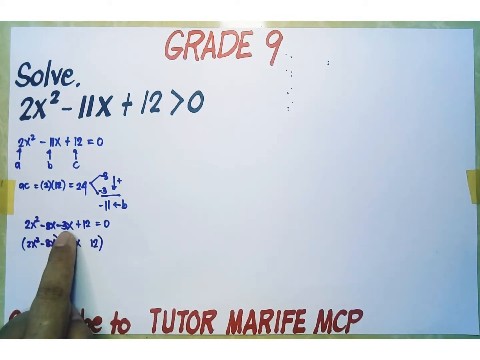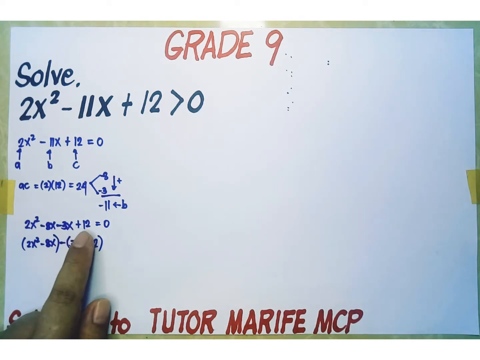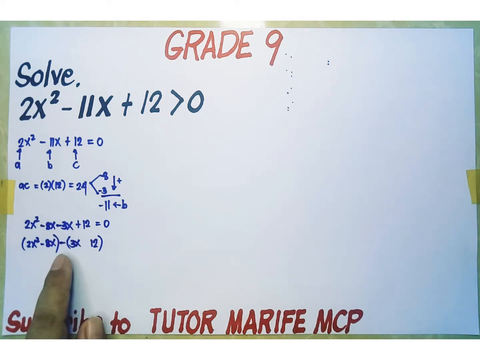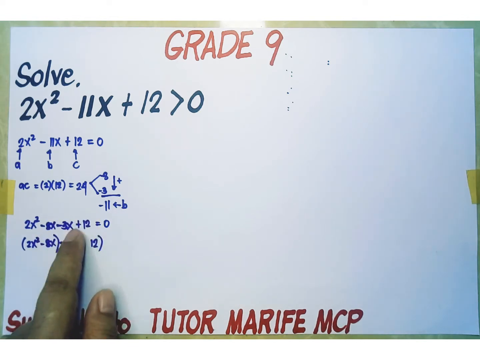The preceding sign of 3x is minus. Be careful when grouping third and fourth terms, especially when the sign here is a minus sign. Make sure that when you distribute back the negative into the terms of the second group, this will be the result.